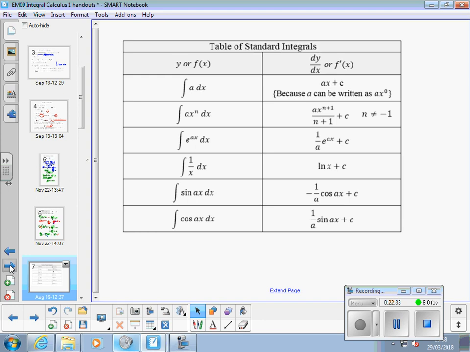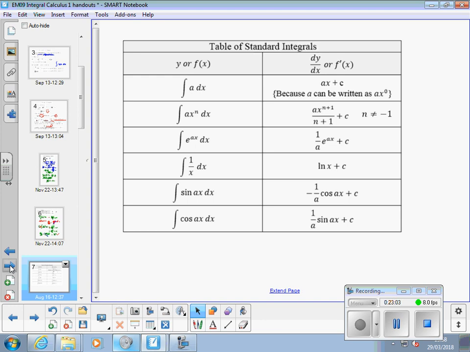This first one suggests that if the variable comes back, the x comes back, we get ax plus c. We'll look at one like that in a minute. We've got an entry for ax to the n, which is the one that we've been using. Note that it says n must not equal minus 1, and we've already looked at that issue.